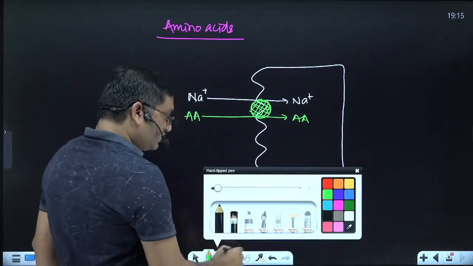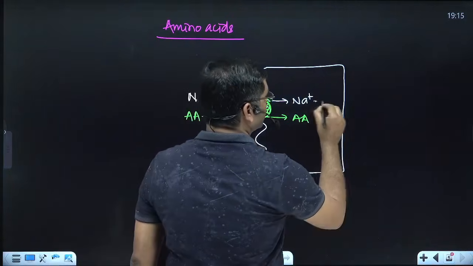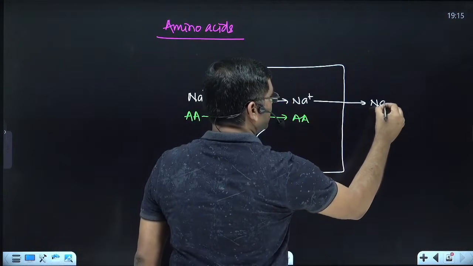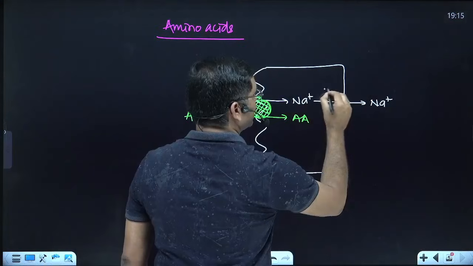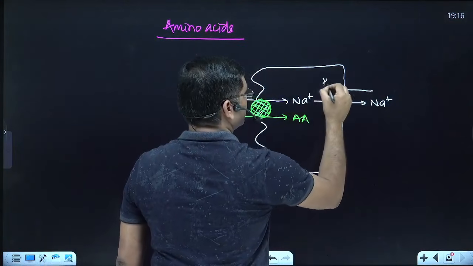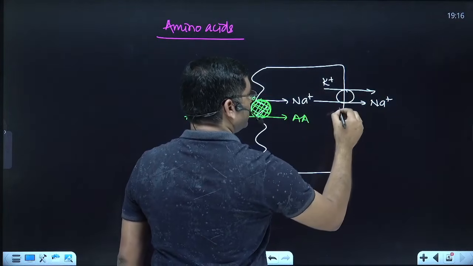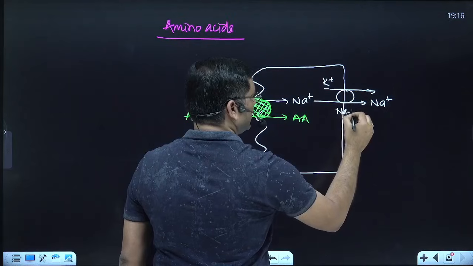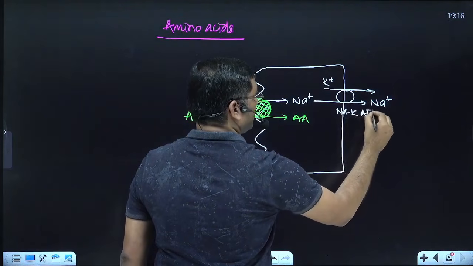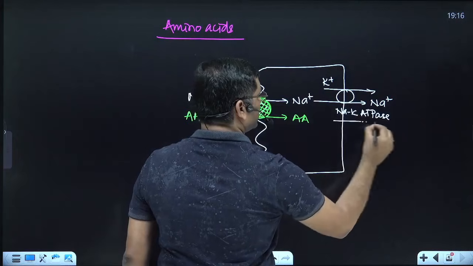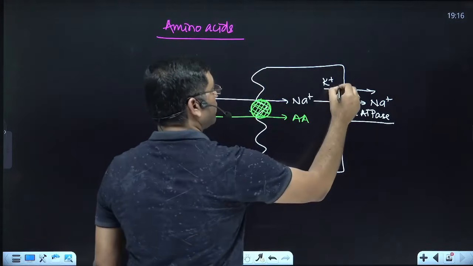Here the utilization of energy is indirect. Sodium will move outside and potassium will move inside with the help of sodium potassium ATPase. And here is the utilization of energy, ATP is required for this process.